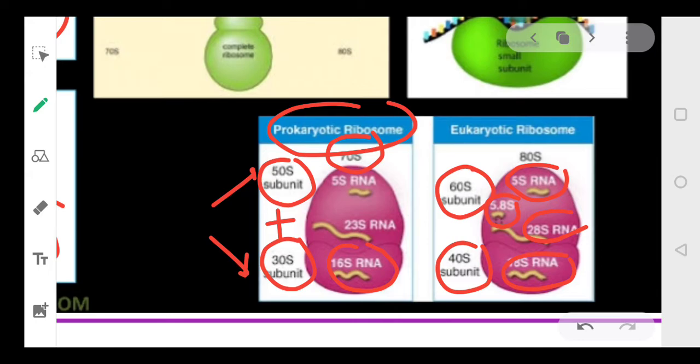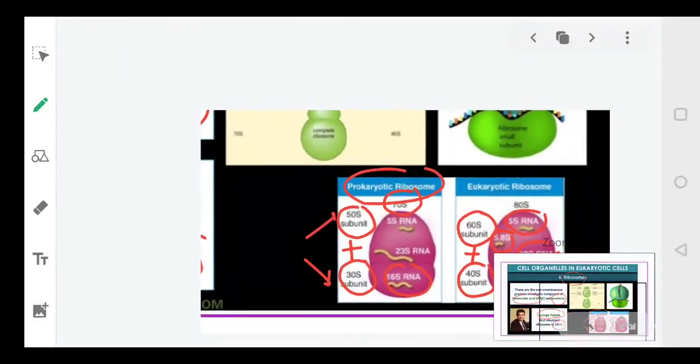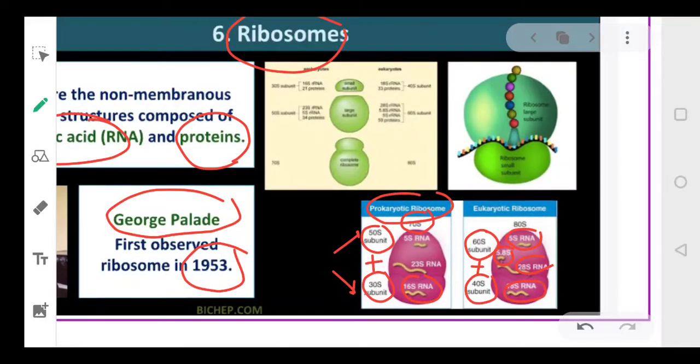And when these two subunits combine with each other, they form the 80S ribosome. So in general, in prokaryotic cells the ribosome is 70S, while in eukaryotes the ribosome is 80S.